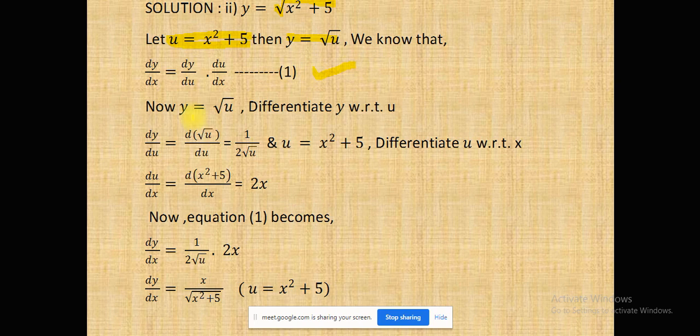The derivative of y, as it is root u, is 1 upon 2 root u. And the derivative of u with respect to x is du by dx. The derivative of x square plus 5 is 2x.